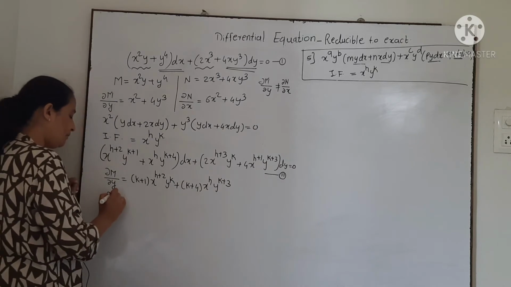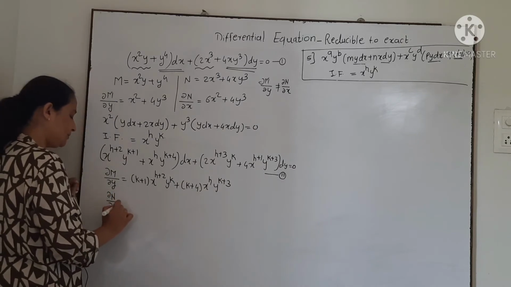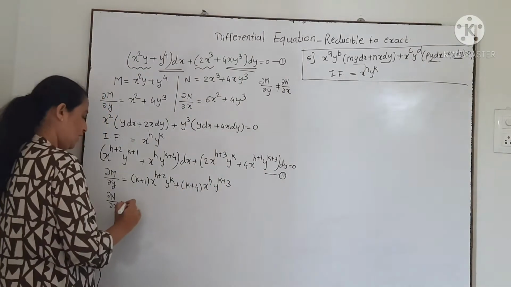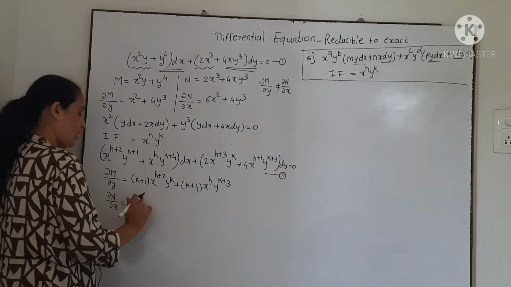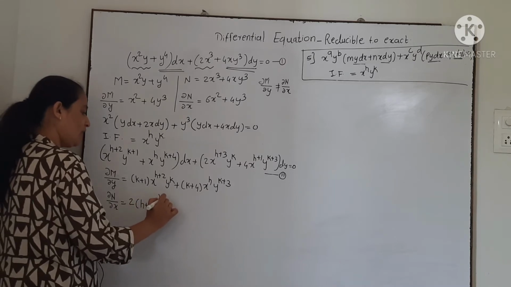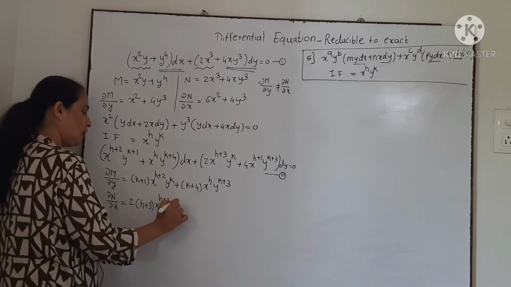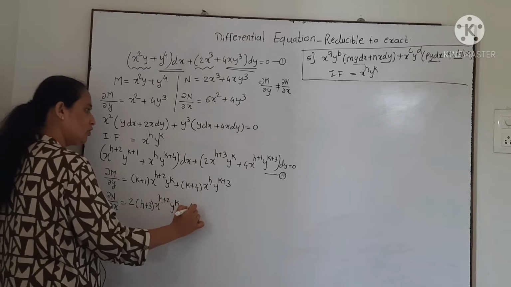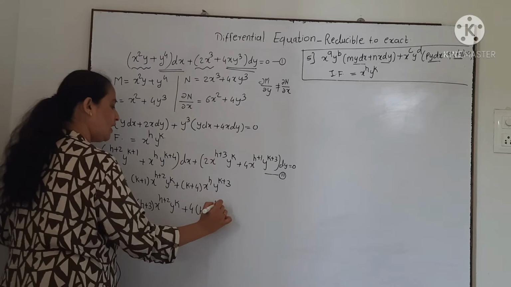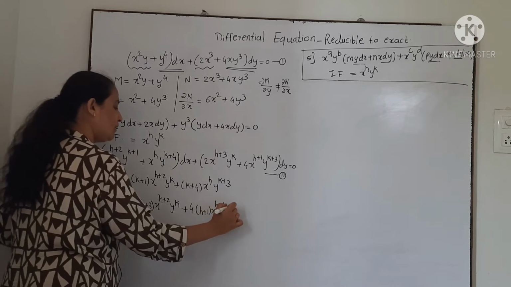Similarly, if I find del N by del x, that is the derivative of this term with respect to x, it is (2h plus 3) x raised to h plus 2 y raised to k plus 4(h plus 1) x raised to h y raised to k plus 3.